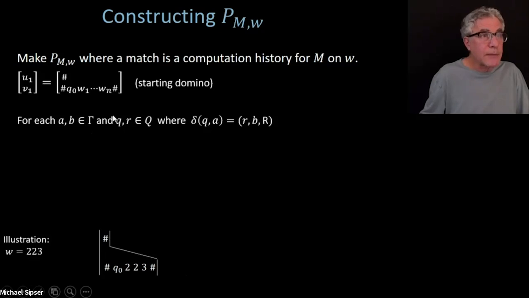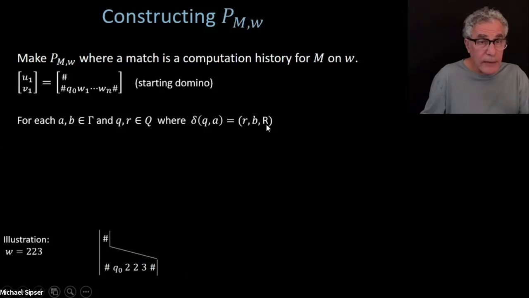For every possible tape symbol and state, don't get confused by the language here. This is the important thing. I'll just read this in English to you. If the Turing machine, when it's in state Q and the head is reading an A, moves to state R, writes a B at that point, and its head moves to the right.